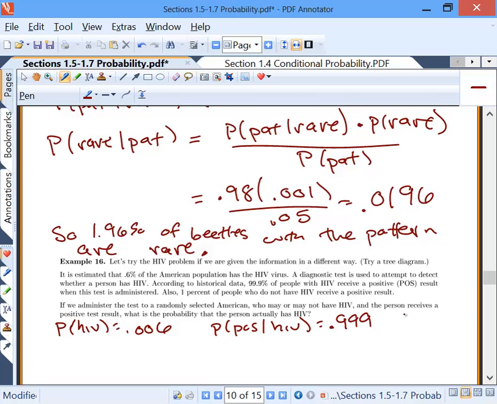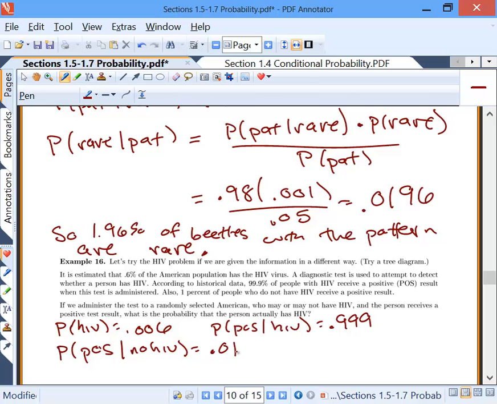And then they tell us 1% of people who don't have HIV receive a positive test result. So the probability of a positive, if you don't have HIV, equals 0.01.